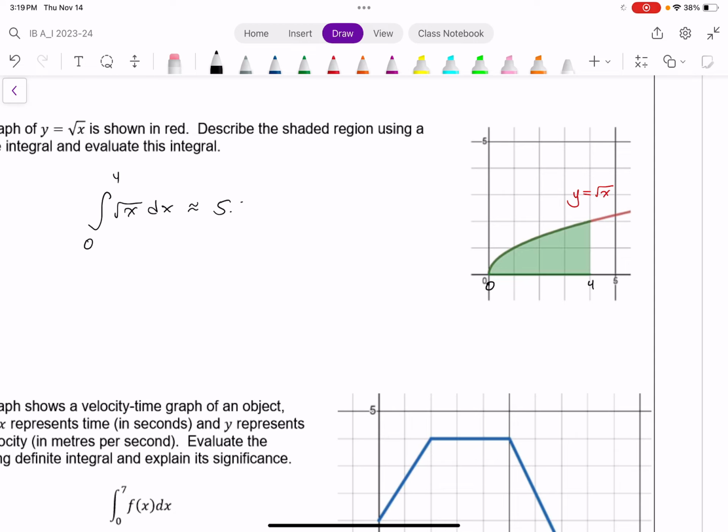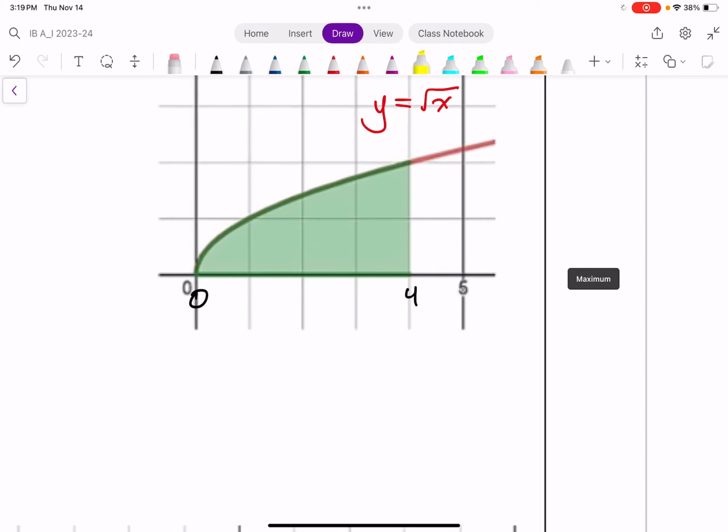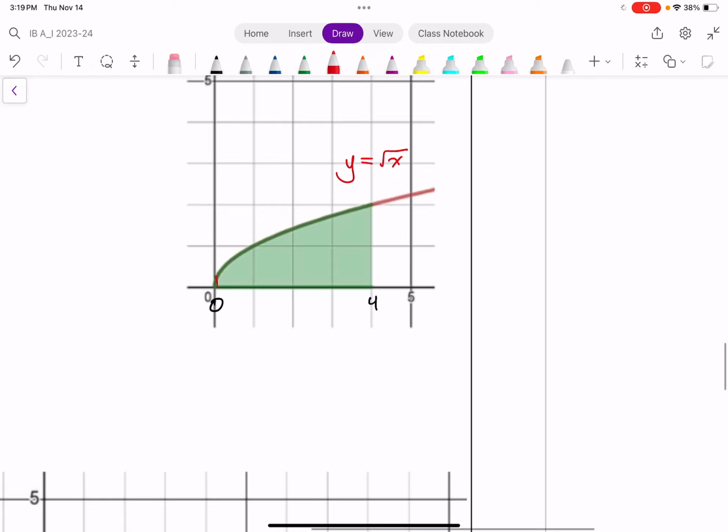And keep in mind again, I want to just go back to this dx idea and root x. The idea is for this integral, this area, we're imagining this shape being broken up into infinitely many very, very narrow rectangles. Each of these rectangles has a height equal to root x, depending on the x value, and a width that is infinitely close to 0.